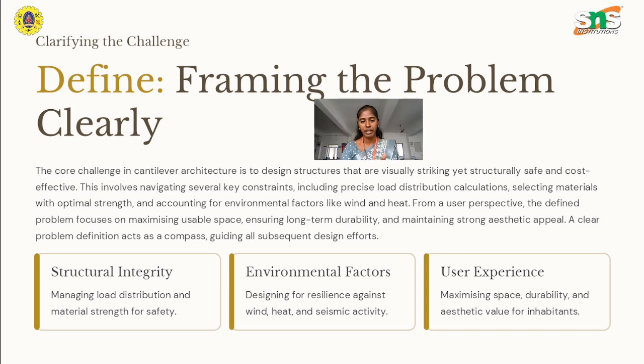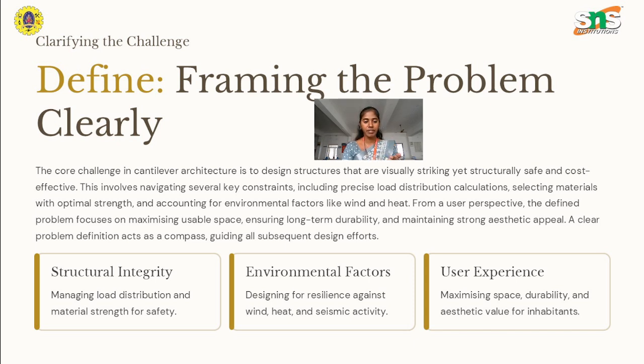From a user perspective, the defined problem focuses on maximizing usable space, ensuring long-term durability, and maintaining strong aesthetic appeal. A clear problem definition acts as a compass guiding all subsequent design efforts, right?